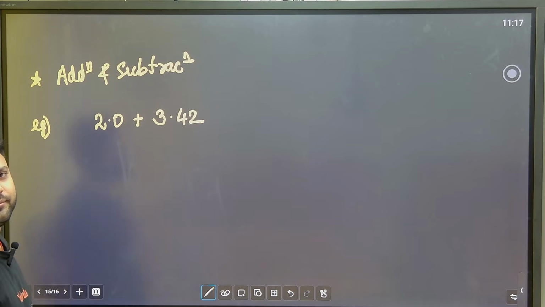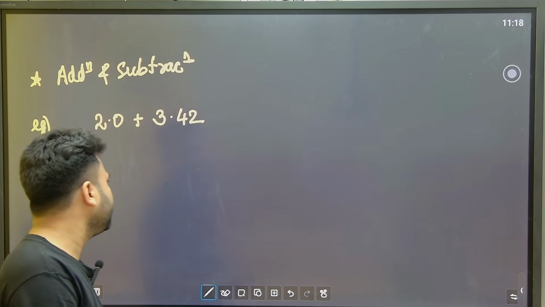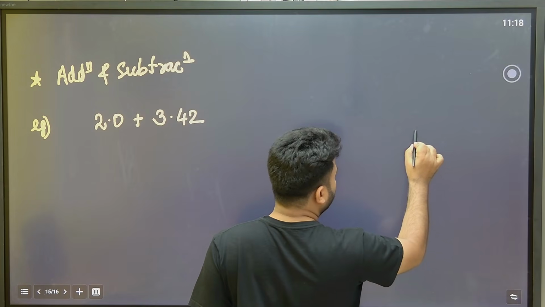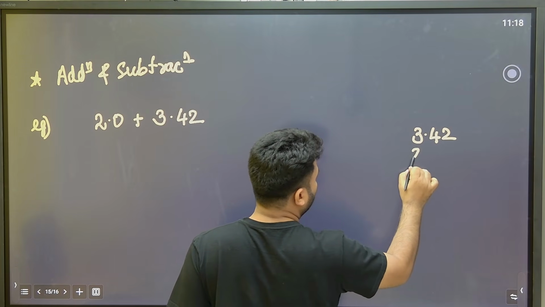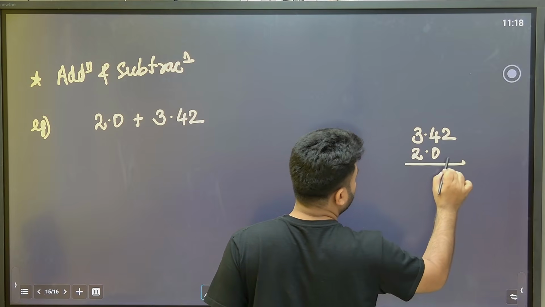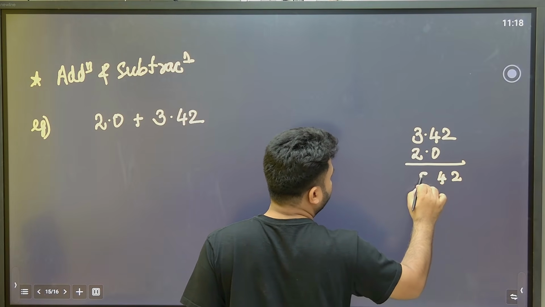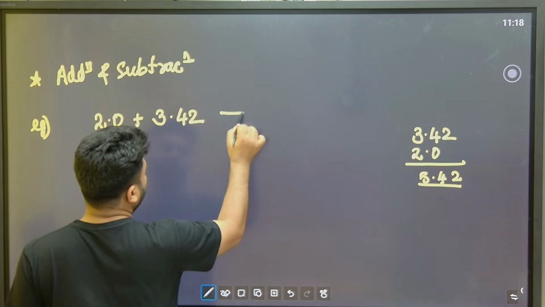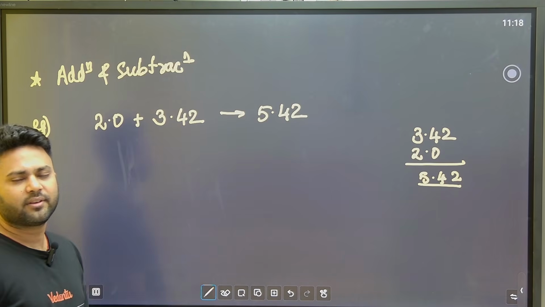You have to add, and they are asking what will be the final result. So first you do the normal calculation. 3.42 plus 2.0 will be 5.42. This is the first step.